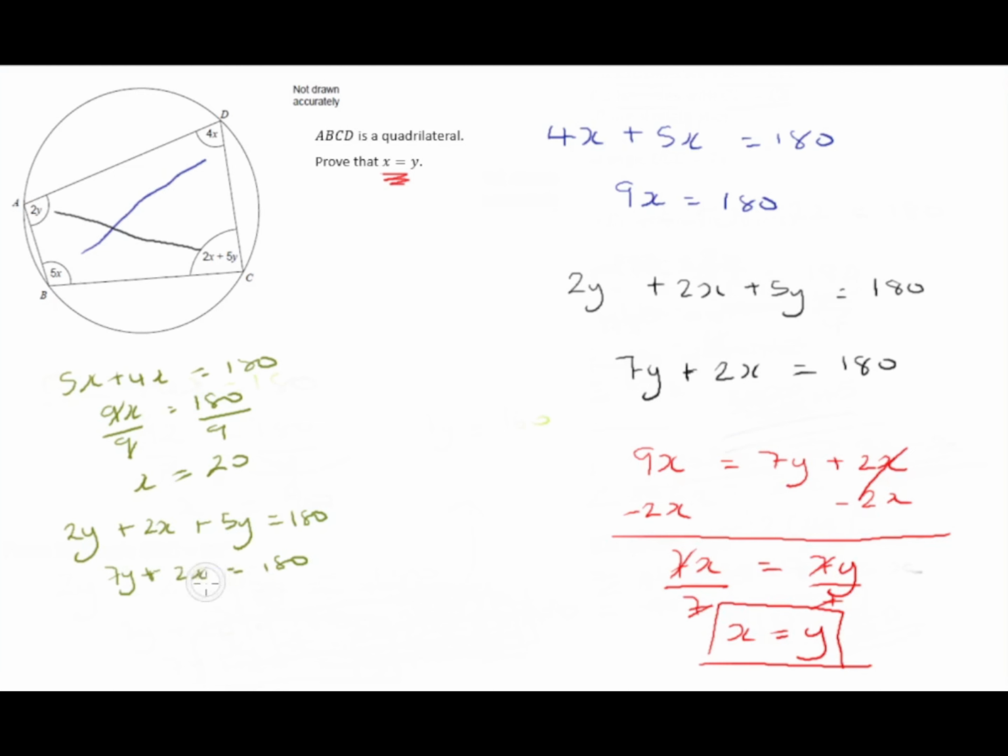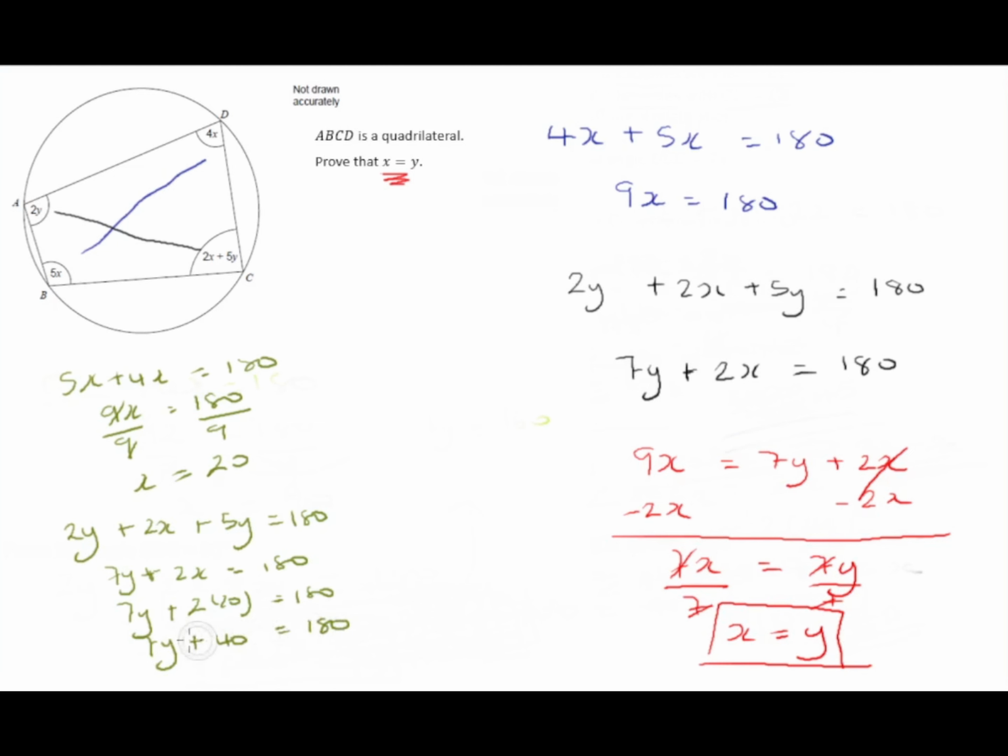We can recall that x is equal to 20, so we can substitute x for 20. So 7y plus 2 times 20 is equal to 180. 7y plus 40 is equal to 180 degrees.